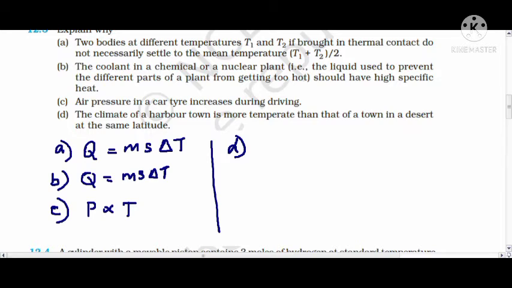So as the body finds difficulty to evaporate the sweat, it is not easy to remove the heat energy from our body, so that we feel hot. Therefore, in a harbour town we feel a temperature which is actually greater than the actual temperature. Or in other words, we say we feel more temperate in a harbour town.